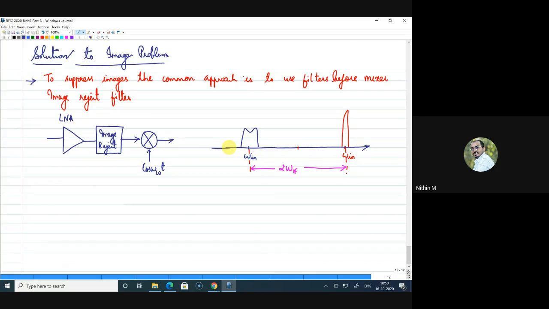There are many discussions happening. If I use a filter before the mixer, then I should be operating at high frequency. Yes, Rakshak, that is true. We have to operate at high frequency only. That means the previous constraint on the Q factor of the filter is still there.